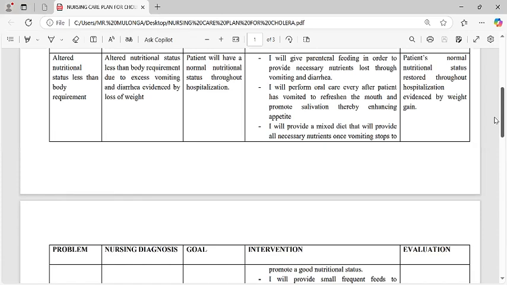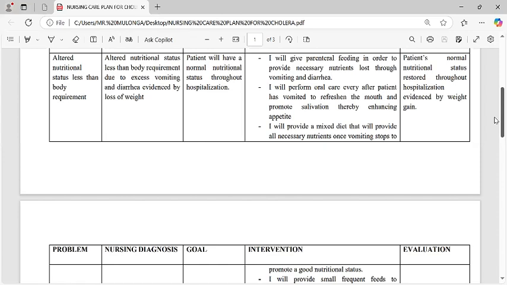So our nursing diagnosis will be altered nutritional status, less than body requirements, related to or due to excessive vomiting and diarrhea, evidenced by weight loss or loss of weight. Then we move to our goal.